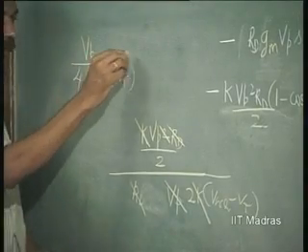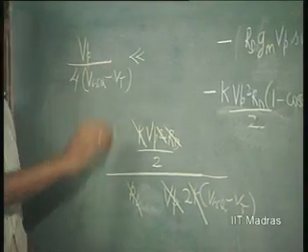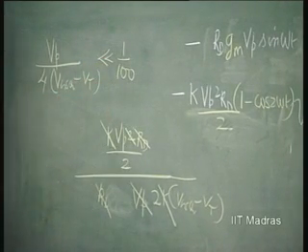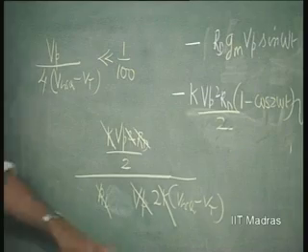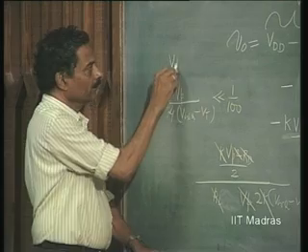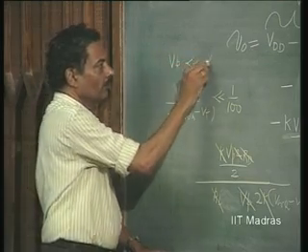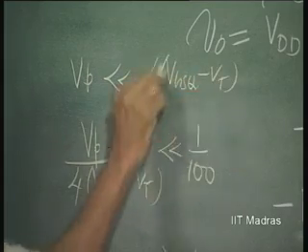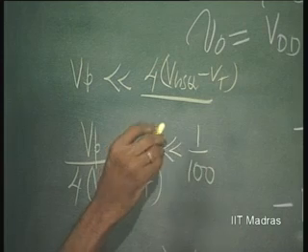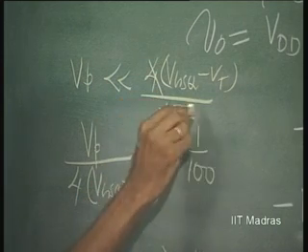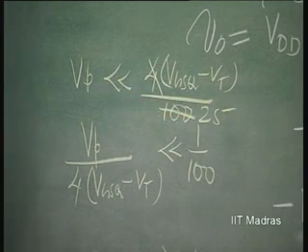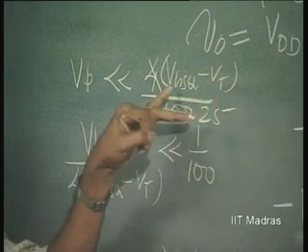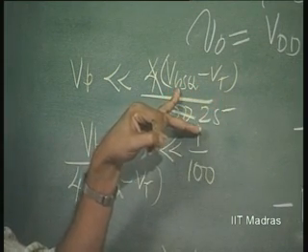If this is therefore to be kept at much less than 1%, that means 1 over 100, then you can find out what Vp should be. Vp should be much less than 4 times Vgsq minus Vt divided by 100. So, let us take Vt is 1 volt, Vgsq is, let us say, 2 volts.